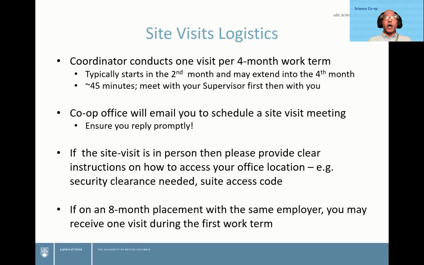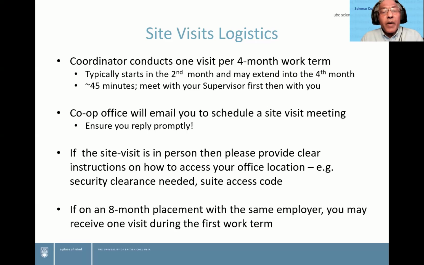So suppose you are doing 2 consecutive work terms, May to August, September to December. You will get a site visit in summer. And then depending upon whether you need a site visit or not, you may get a site visit in fall as well. Your coordinator will be in touch with you and will ask you, do you need a site visit for the second work term? Okay, so this is how it goes.